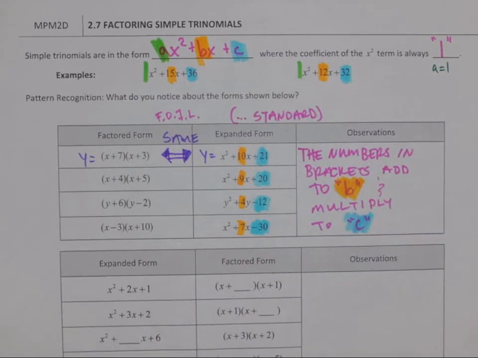So using that as a guide, maybe we can figure some of this out.